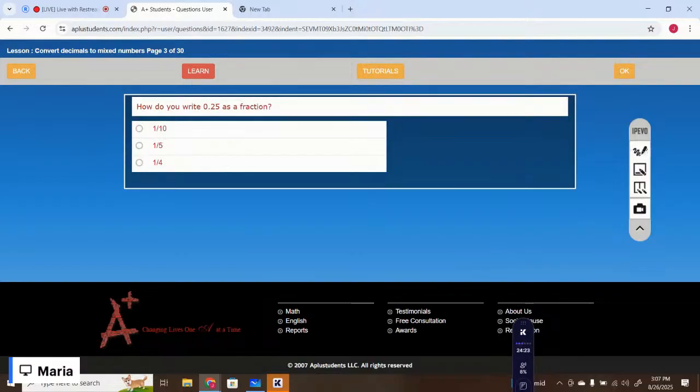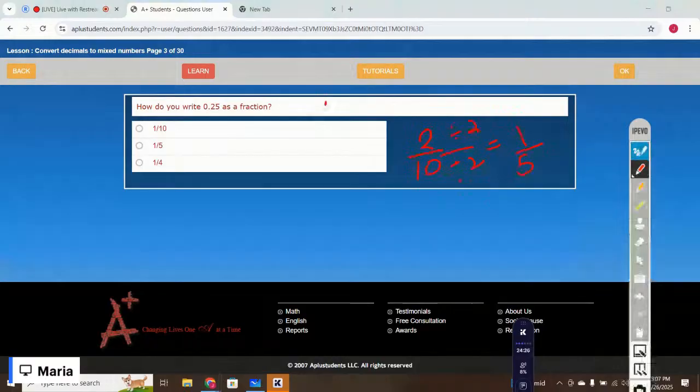How do you write 0.25 as a fraction? So it would be 25 divided by 100. Divided by 25, that is 1 over 4.